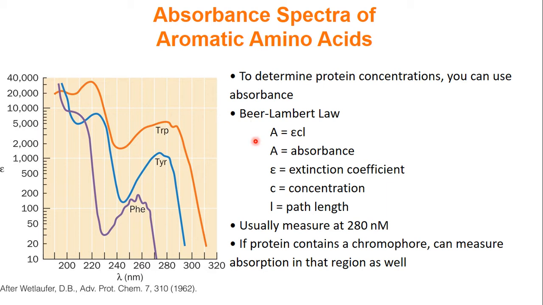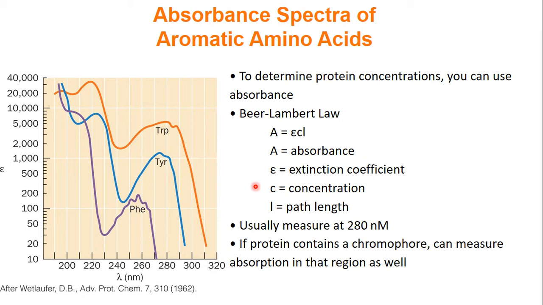To measure protein concentration through absorbance of light, we use Beer-Lambert's law. Beer-Lambert's law is A equals epsilon CL. A is absorbance, epsilon is extinction coefficient. An extinction coefficient is a constant that is calculated for every protein or amino acid or anything that absorbs light.